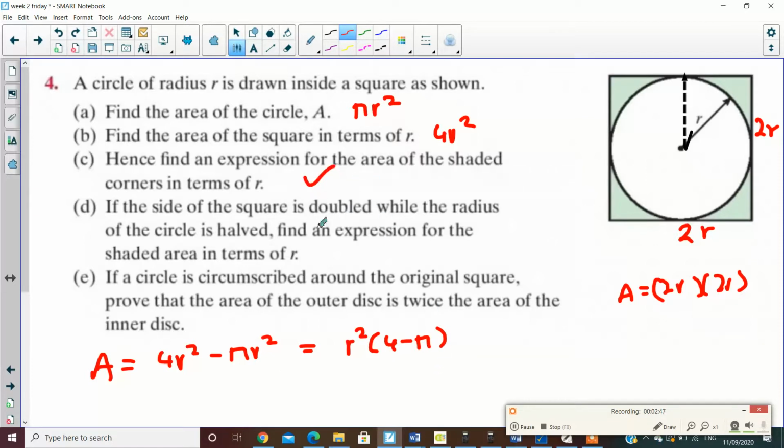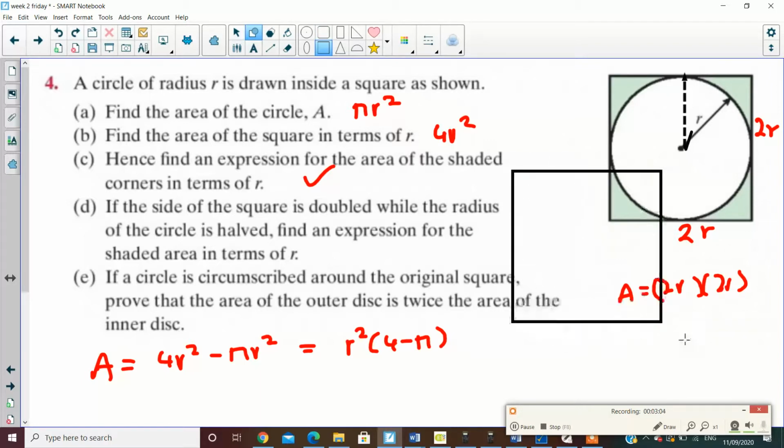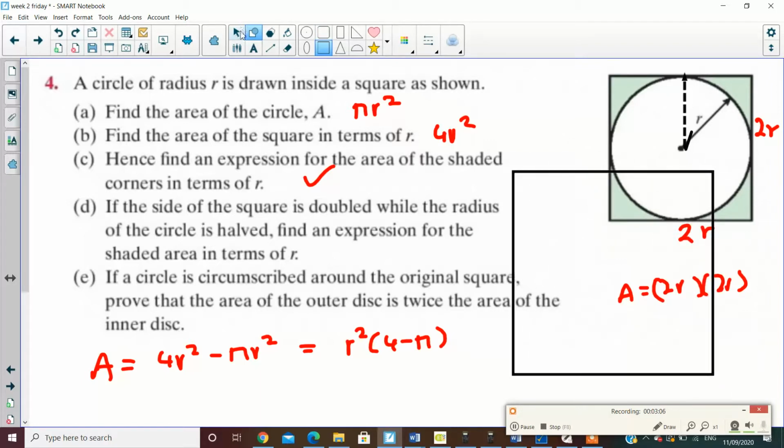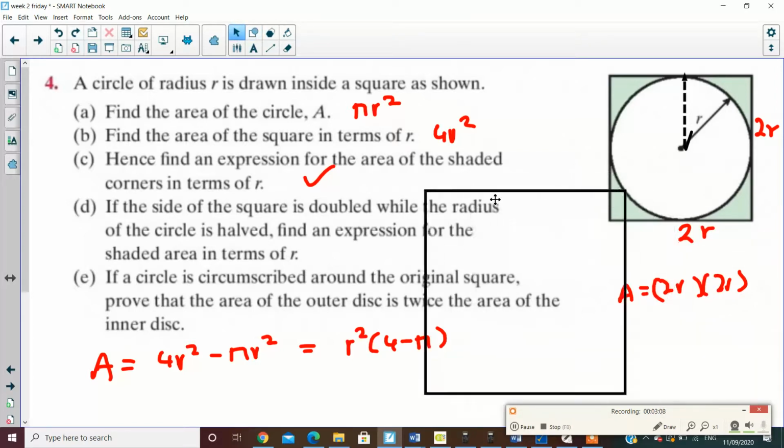Done. If the side of the square is doubled while the radius of the circle is halved, find an expression for the shaded area. What does that mean? Like, visually, what happened? The square got bigger, and what happened to the circle?